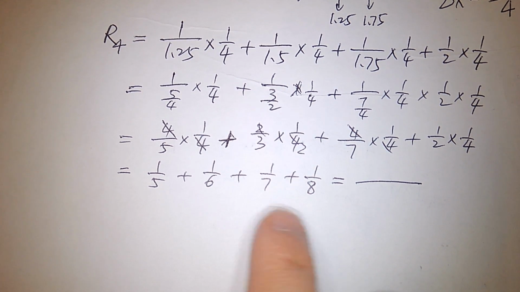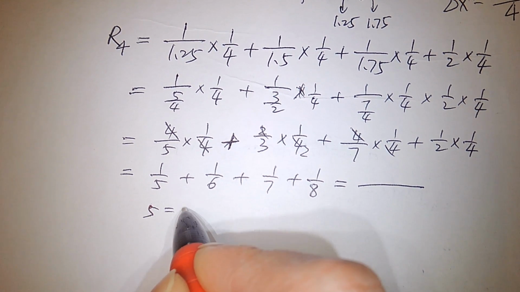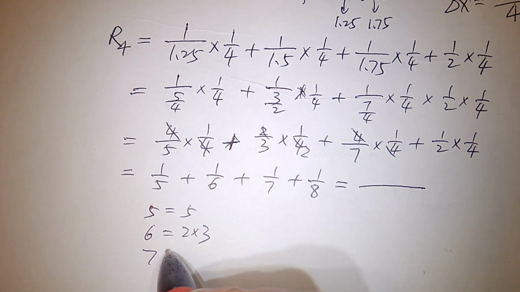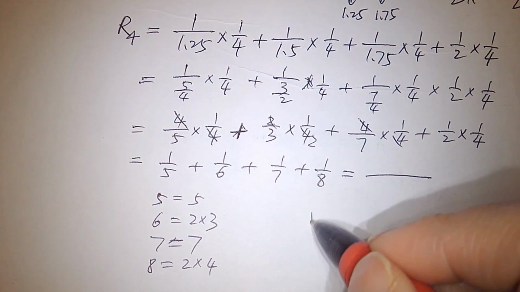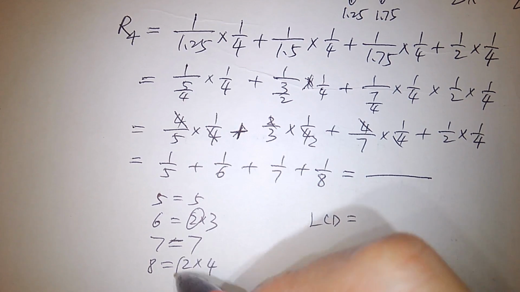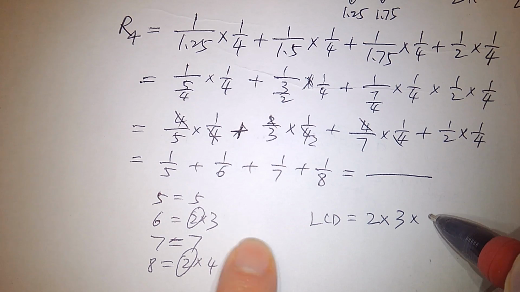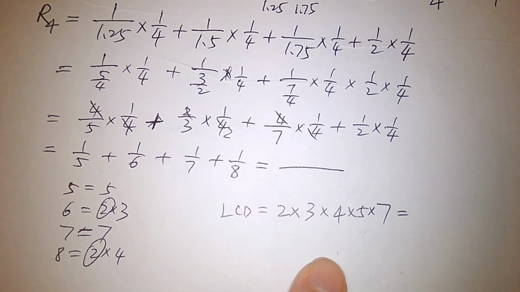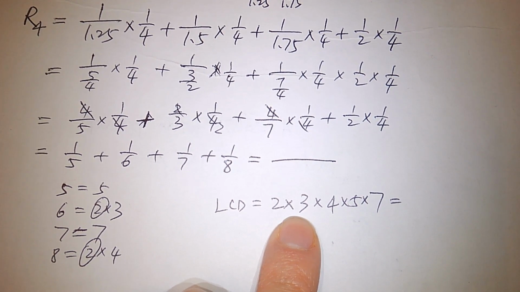We can do it that way, but also to find the LCD, we can factor: 5 is 5, 6 is 2 times 3, 7 is 7, and 8 is 2 times 4. So the LCD should equal 2 times 3 times 4 times 5 times 7.